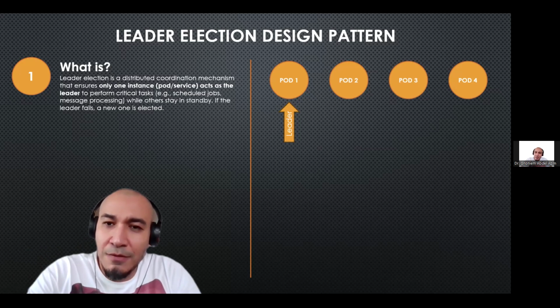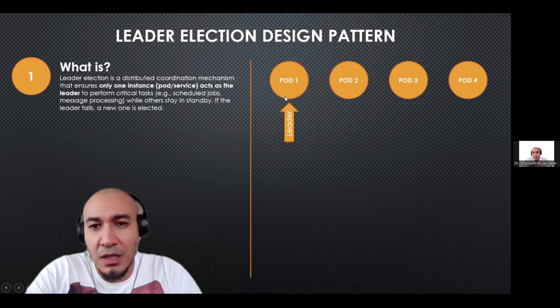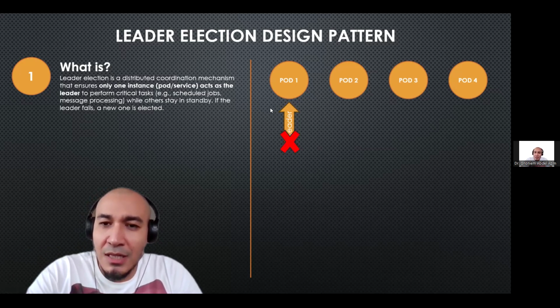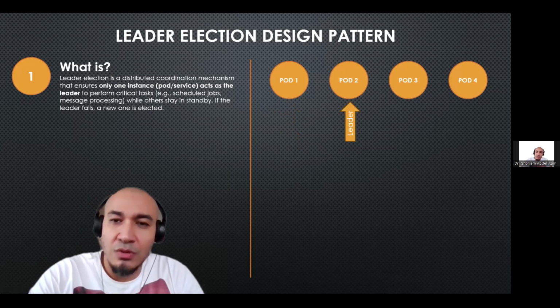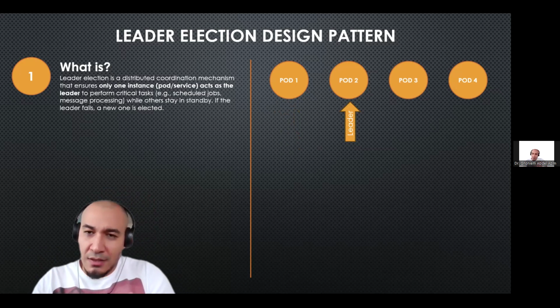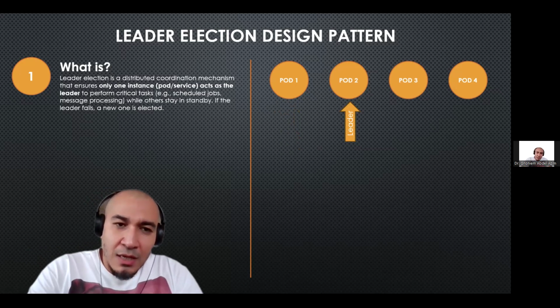So what if this leader fails during the execution of the operations? In that case, we will have the resiliency approach: this selected leader will be terminated, and then another leader will be elected in order to have resiliency of the solution.